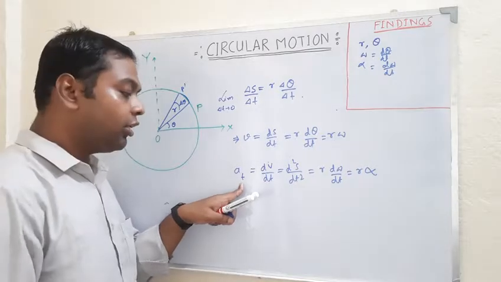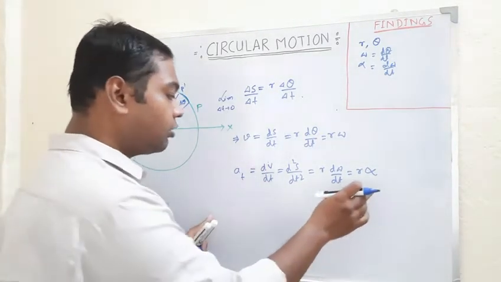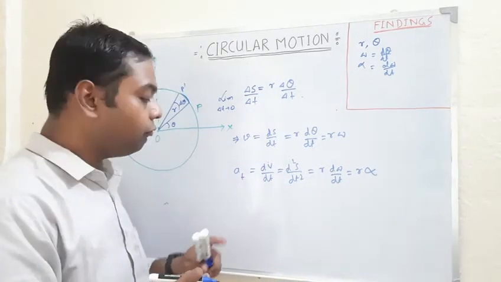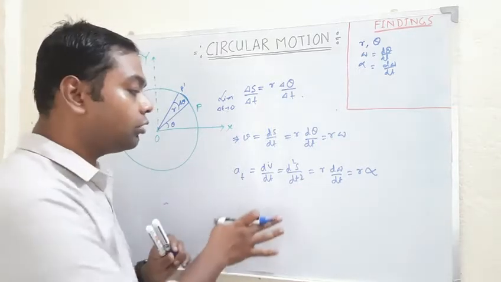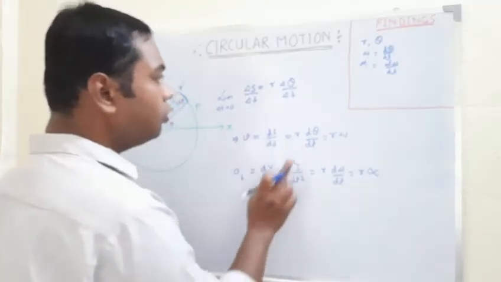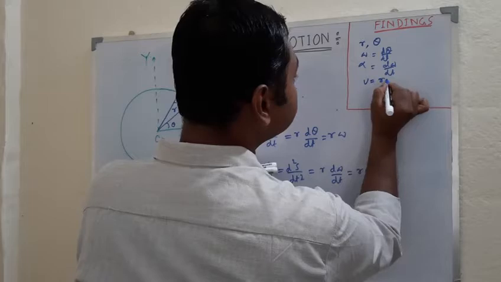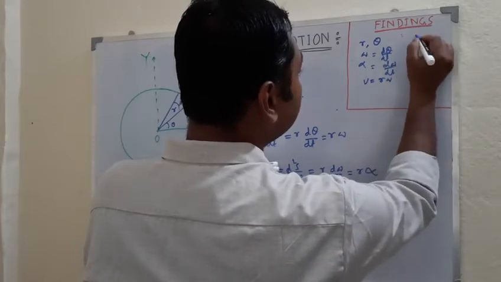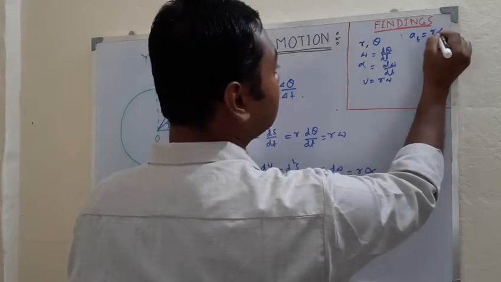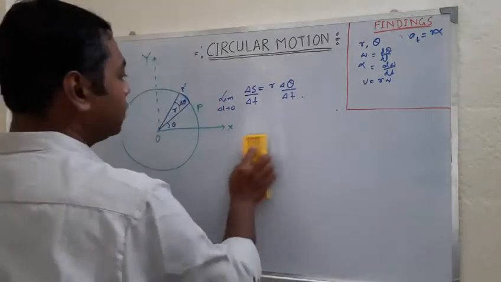The t suffix here represents, I'll explain shortly, that this acceleration is actually the tangential part of the net acceleration. It is not the net acceleration, it is the tangential part of the acceleration. So the findings we got from here are that v equals r omega, and a t equals r alpha. Okay, so far it is clear.